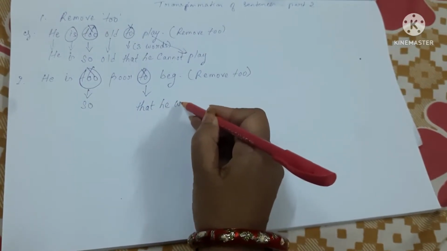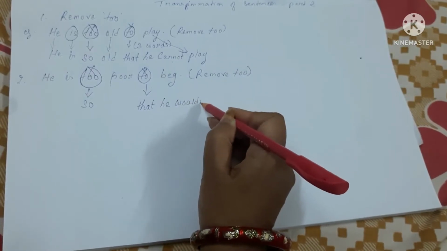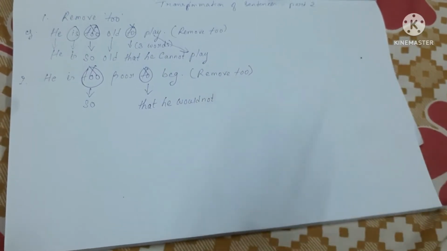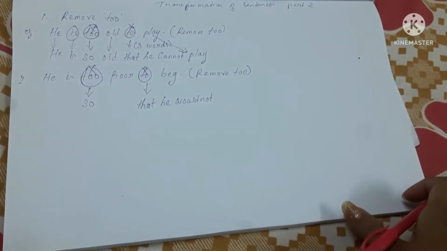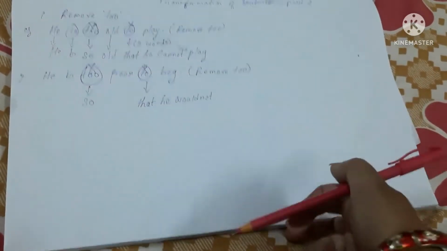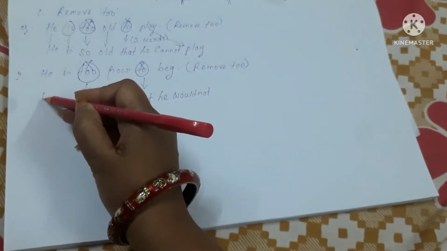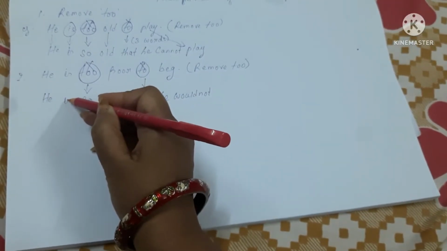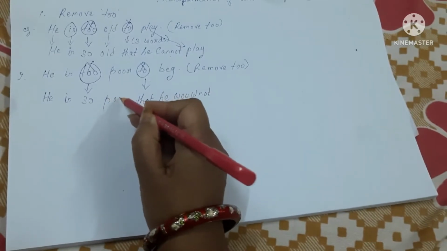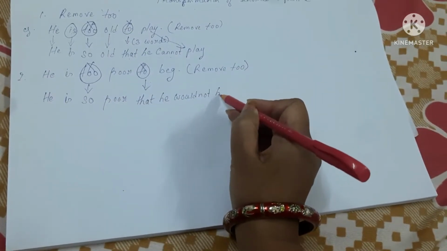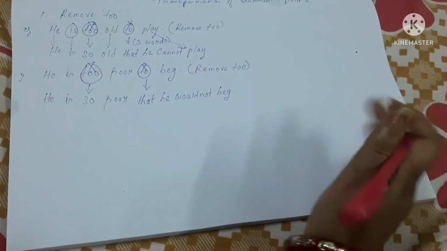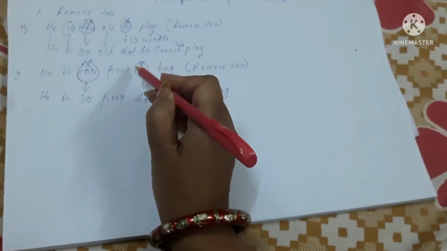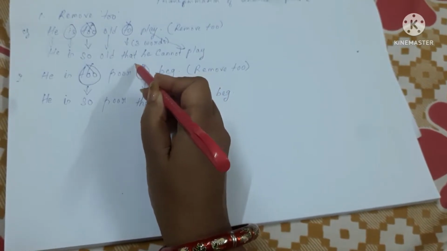Now here I am using would not. You might be wondering why I have used would not, because the tense here shows it should be cannot. Let me come back and fill it up first. He is so poor that he would not beg. Now see the next part: too poor to beg.